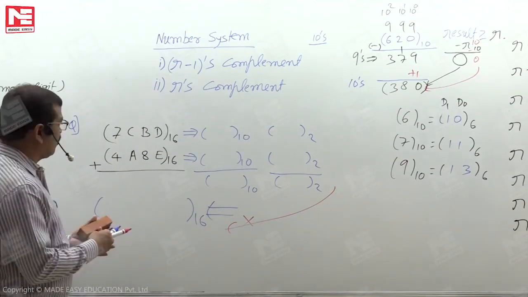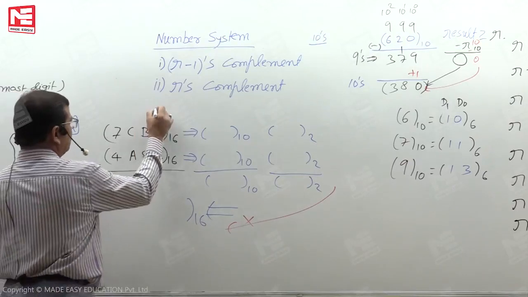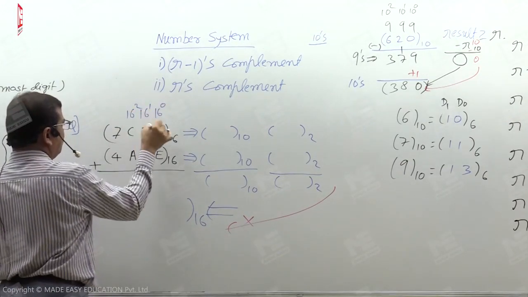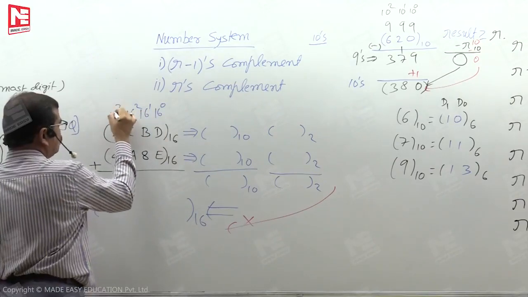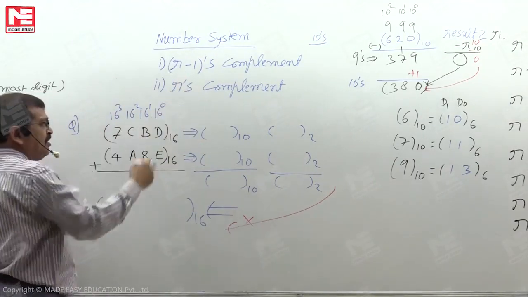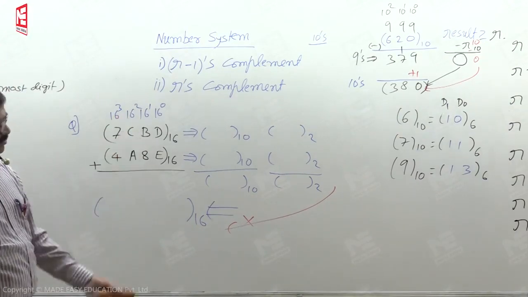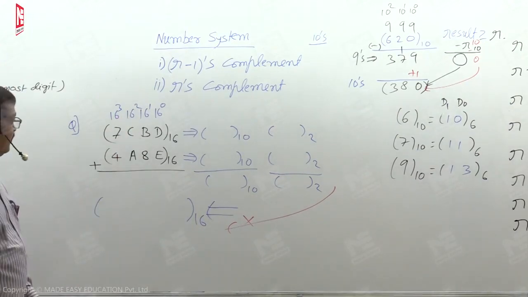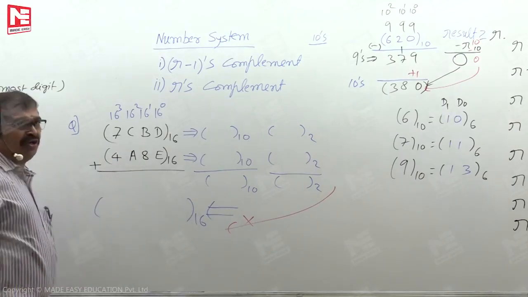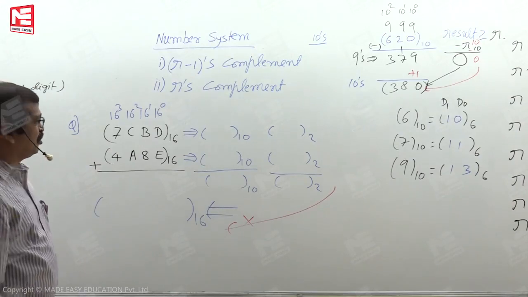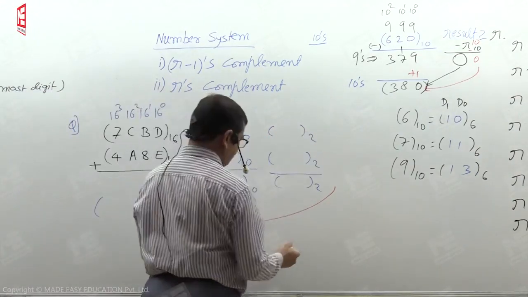At the 16 to the power of 0's place, the digits are D and E. So D plus E. In hexadecimal, D is 13 and E is 14. So 13 plus 14 is 27.